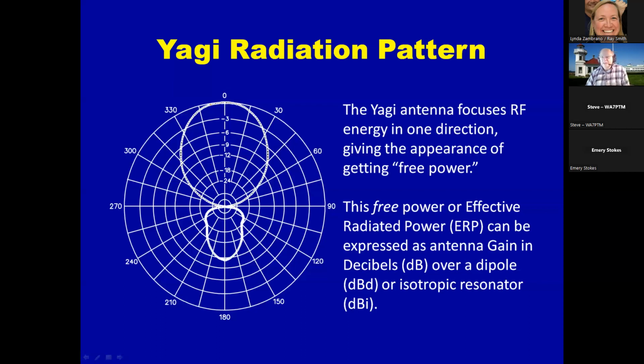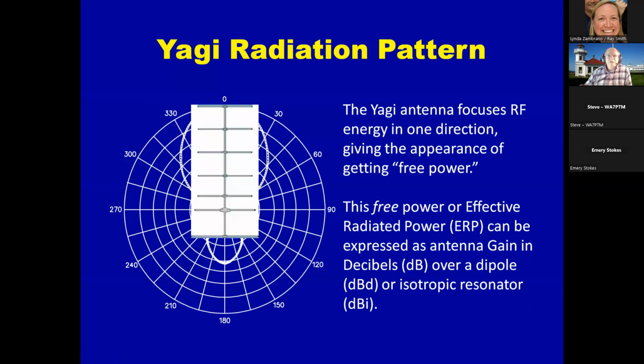So if they give it in dBi, you're going to want to subtract 2.15 from whatever number they tell you to get what it really means, which is going to be a smaller number in relation to a dipole. If they advertise a gain and they say it's dBd gain, then you know they're being really honest with you. So buyer beware.